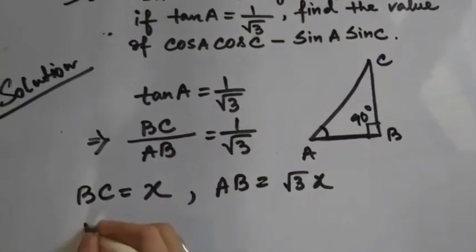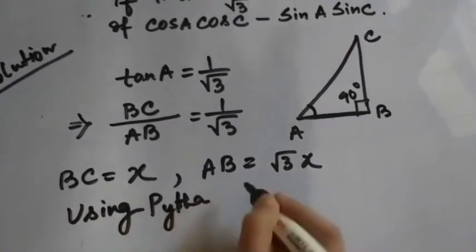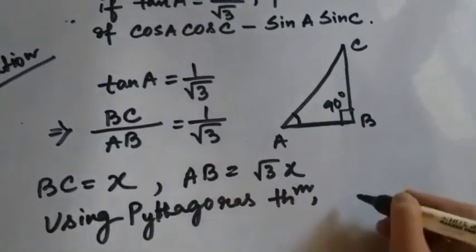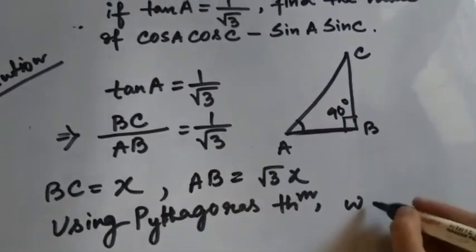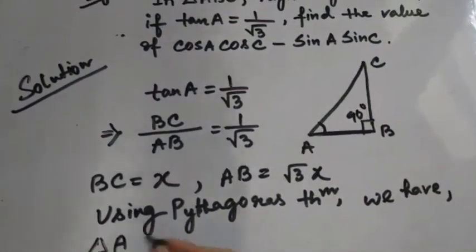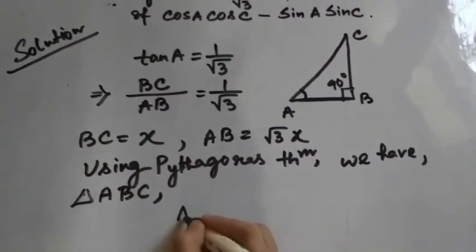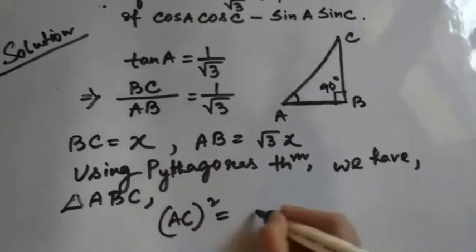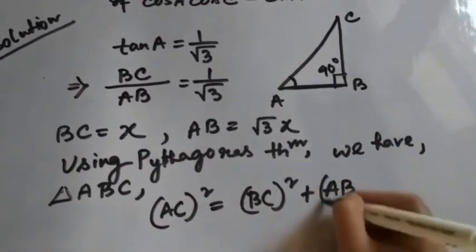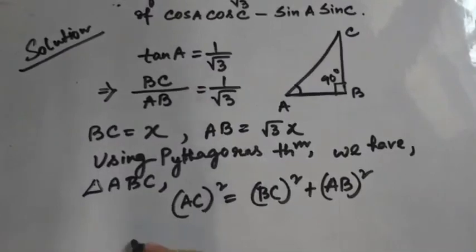Now using Pythagoras theorem, we have from triangle ABC, AC square equals BC square plus AB square, that is, hypotenuse square equals perpendicular square plus base square.